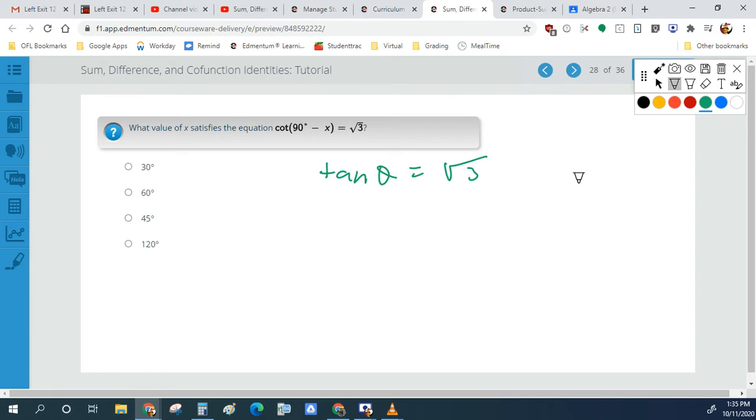Since tangent is the same thing as y over x, I have to think of somewhere where the y is square root of 3 over 2 and the x is 1/2. And the reason for this is square root of 3 over 2 over 1/2, we would end up flipping this and multiplying it.